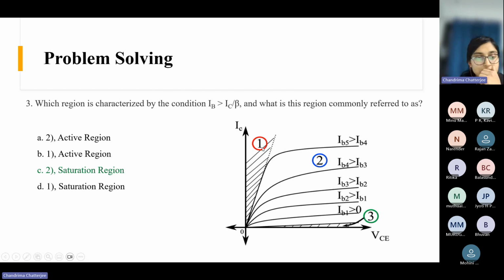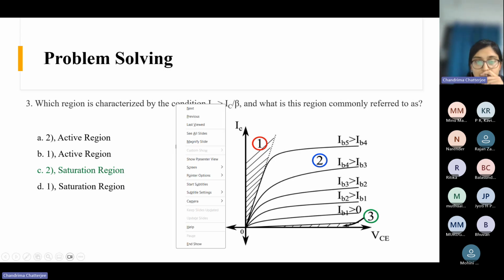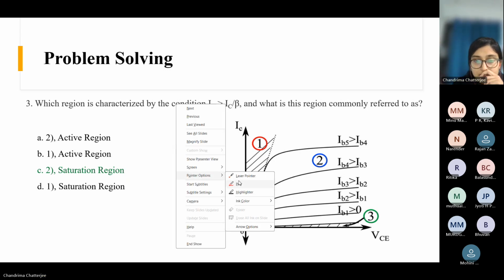Actually, I think the option is not correct, because this region is active region and this region is saturation region. They have not specifically mentioned the linear region, but basically this region is saturation region. I already showed you guys.